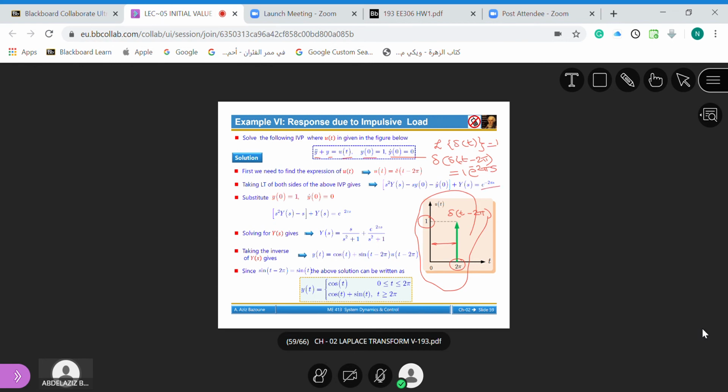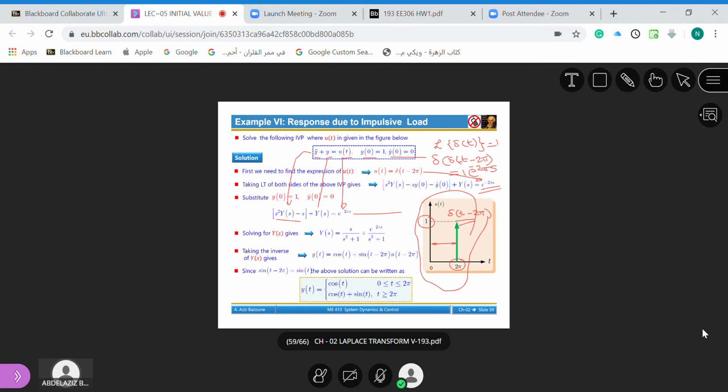That's why we write exponential minus 2 pi s for the Laplace transform of delta t minus 2 pi. This delta t minus 2 pi is an impulse that starts late, after 2 pi. So now if we take the Laplace transform of both sides of this equation, we got s squared y of s minus s for this one, and then y of s for this one, and exponential minus 2 pi s on the right side.